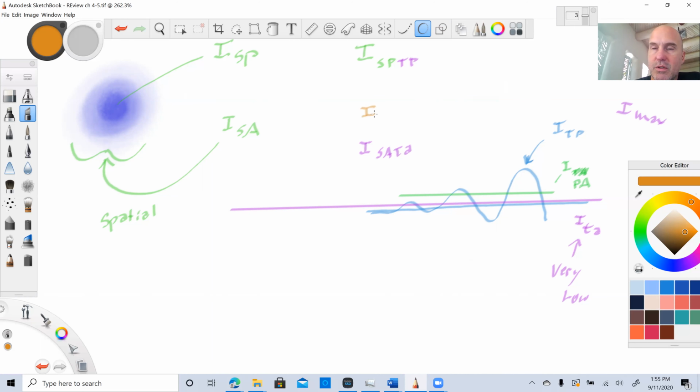Intensity, spatial peak, temporal average, most important for bioeffects.